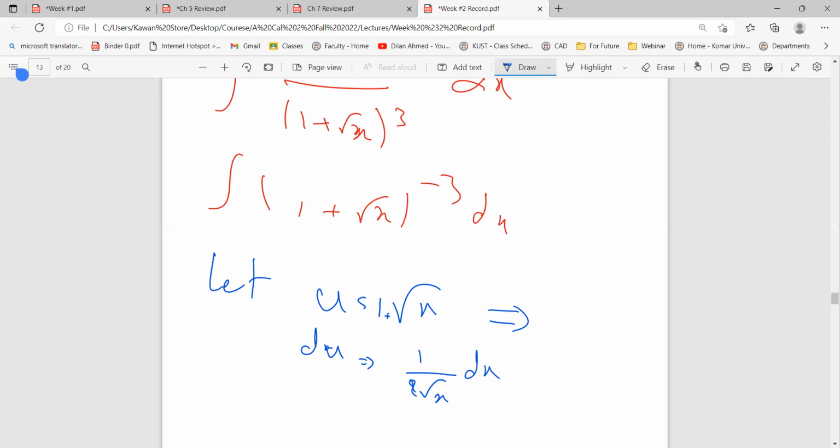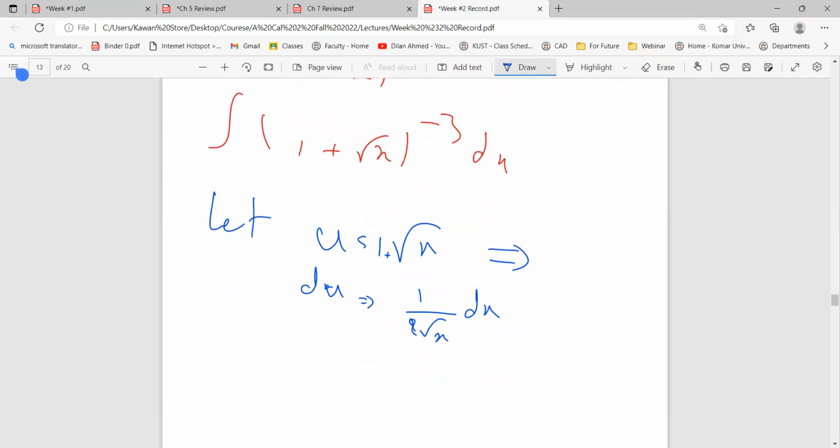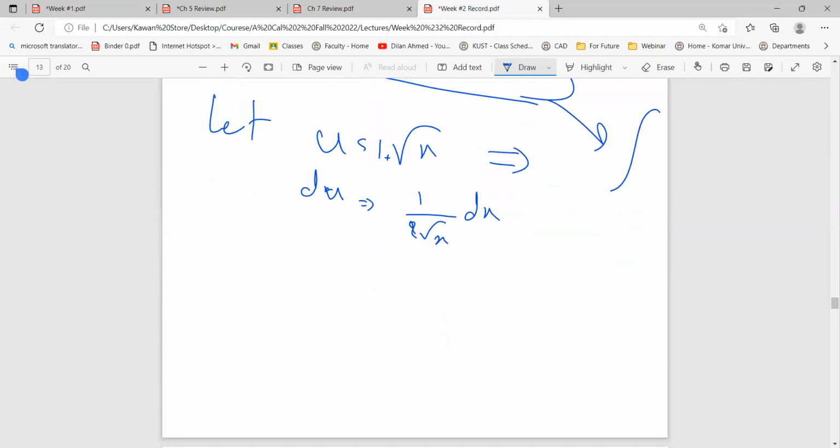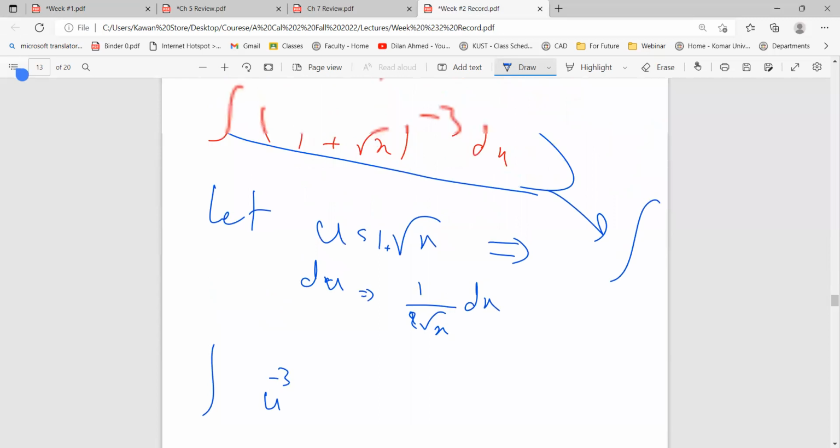Am I right? And how do we change that to u integral? So I say it's equal to u to power 3 by minus. Am I right? Here u, that's minus 3.